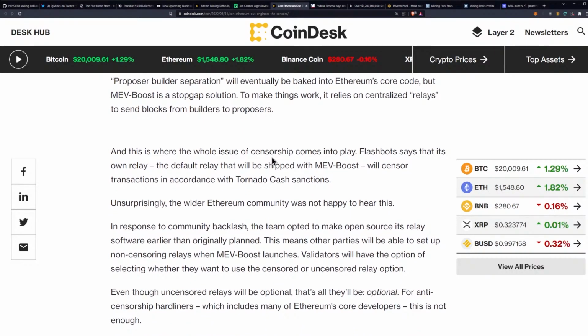And this is where the whole issue of censorship comes into play. And we've talked about this before, but hopefully this is actually laying it out pretty well. Flashbots says that its own relay, the default relay that will be shipped with MEV-boost, will censor transactions in accordance with Tornado Cash sanctions. So what you essentially have is the position that MEV-boost, which is the most widely used, is going to participate in sanctions with Tornado Cash.